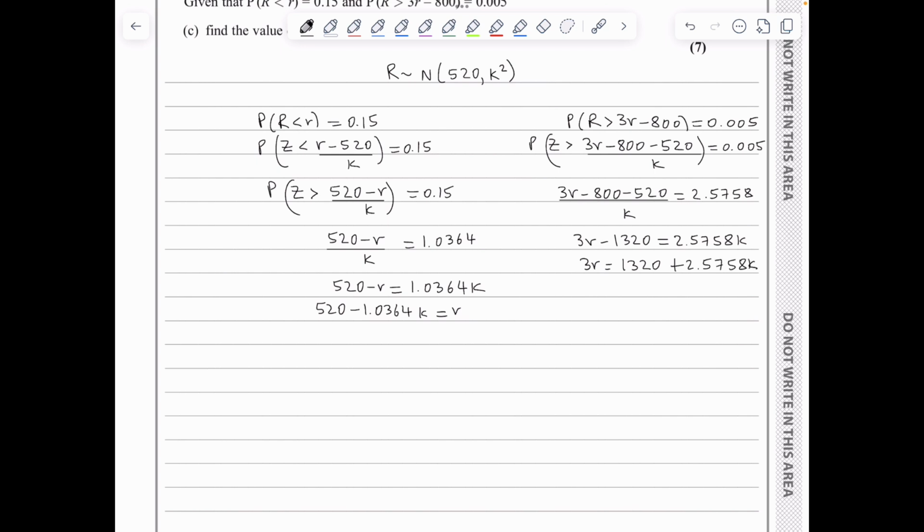So I'll be using simultaneous equations to determine the values of r and K. The first thing to do is take this equation here and multiply everything by 3 to get 1560 minus 3.1092K is equal to 3r, and therefore I can equate these two to determine the value of K.